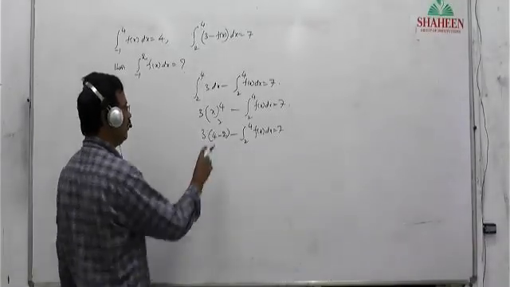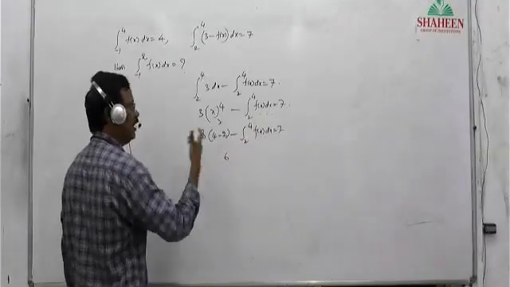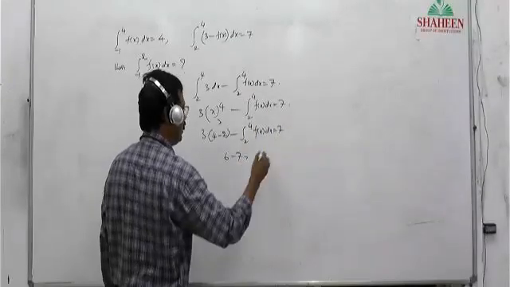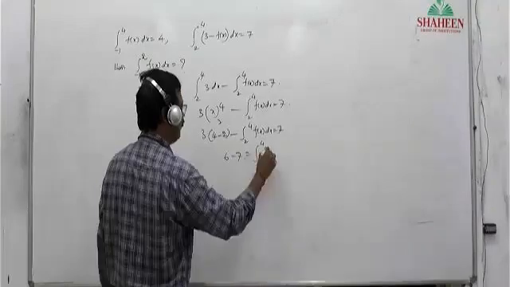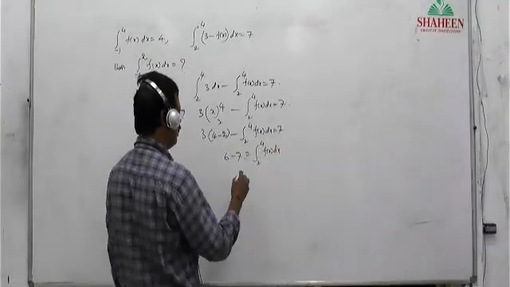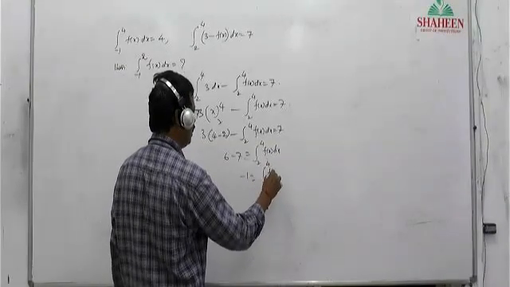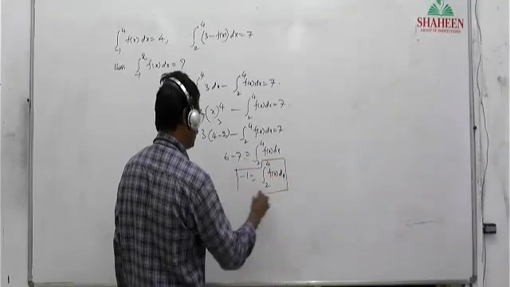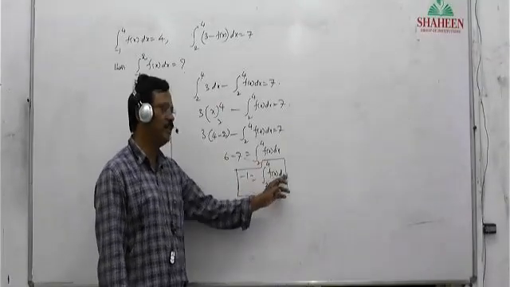Now see that 4 minus 2 is 2, 2 into 3 is 6. 6, the 7 bring this side, and this integral bring that side. Therefore we got the integral from 2 to 4 of f(x) dx is minus 1.